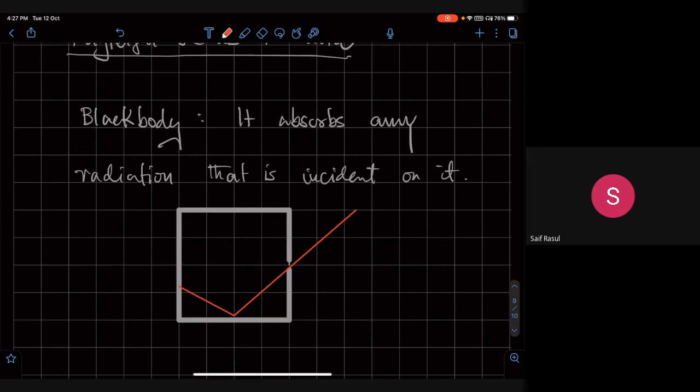And as it bounces around, at some point it'll get absorbed. Suppose after two bounces it gets absorbed. So this is how you construct a black body. You can ensure that any radiation that enters this cavity is absorbed. Okay, so the sun is also approximated to be a black body.